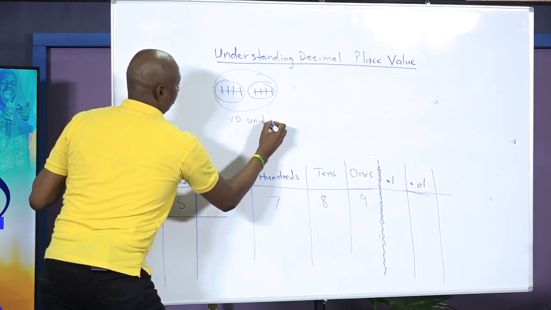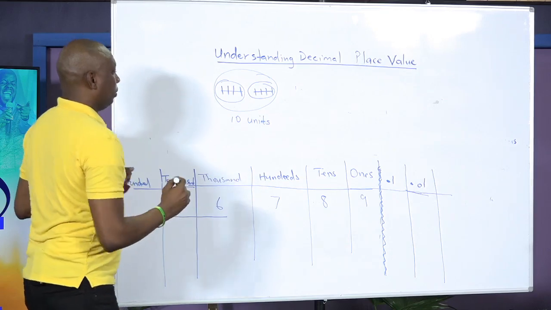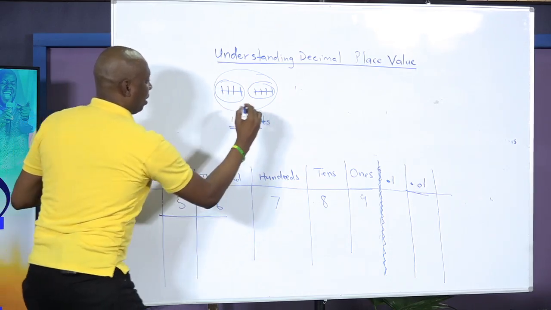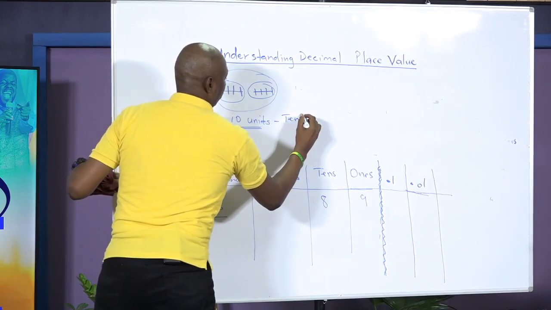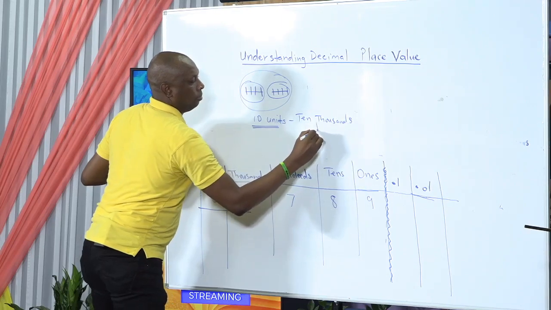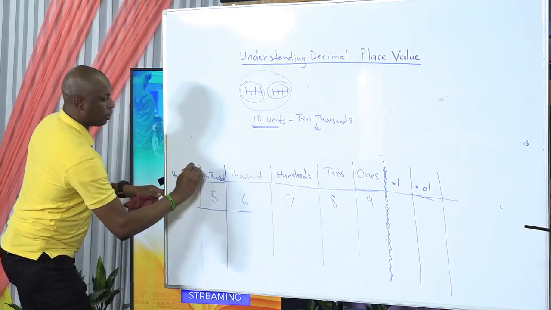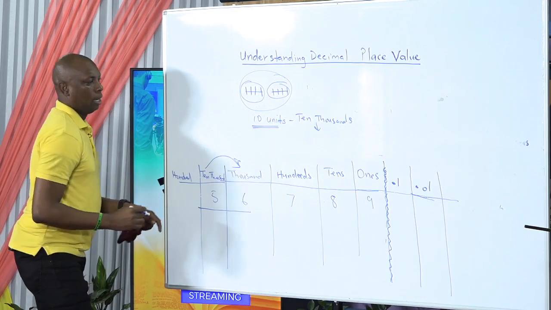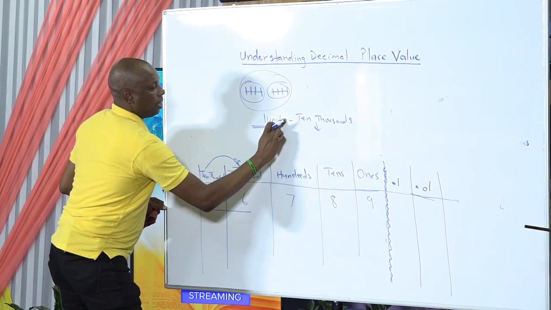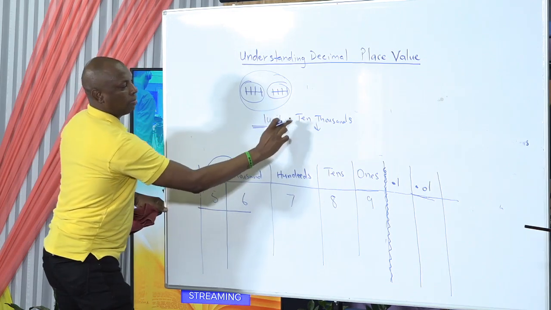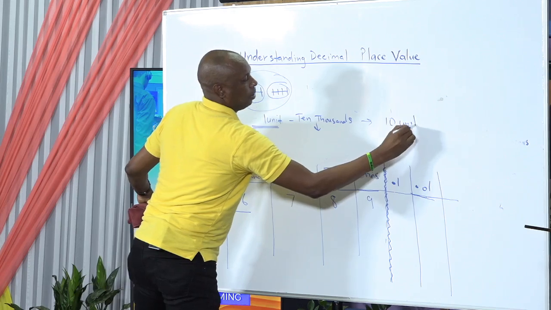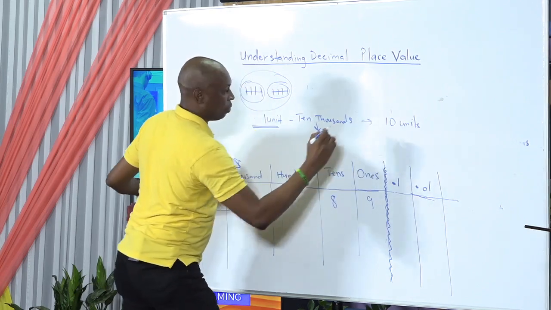So we are saying if I have 10 units of 10,000, if I'm going to carry it over to the 1,000, 1 unit of 10,000, from this I'm going to get 10 units of thousands.